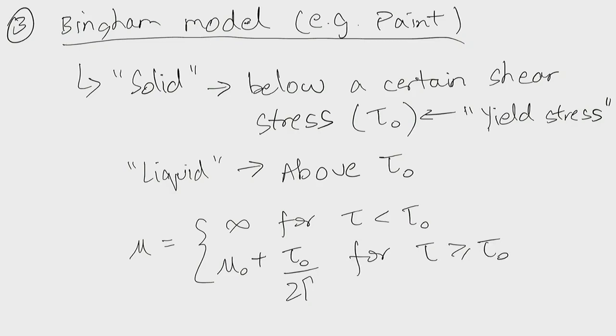So if mu equals infinity, it basically implies that it's a solid, and solids don't flow. But if it's above a certain yield stress, it behaves like a fluid in which the viscosity of the fluid is a function of the rate of strain.